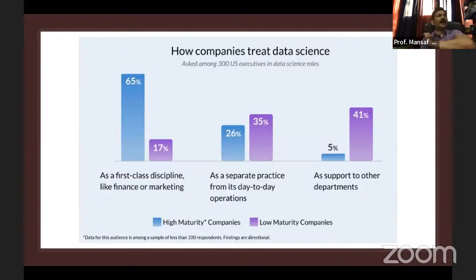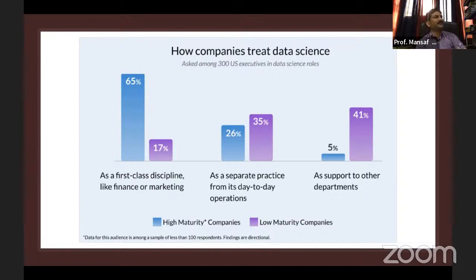Now see how companies treat data science. A question was asked among 300 US executives in data science roles. As a first-class discipline like finance and marketing, that was 65% for high maturity companies and 17% for low maturity companies.